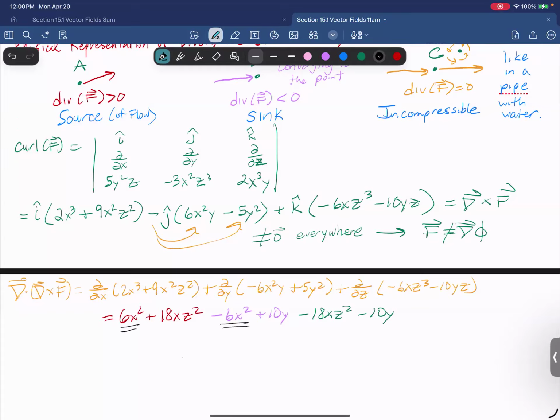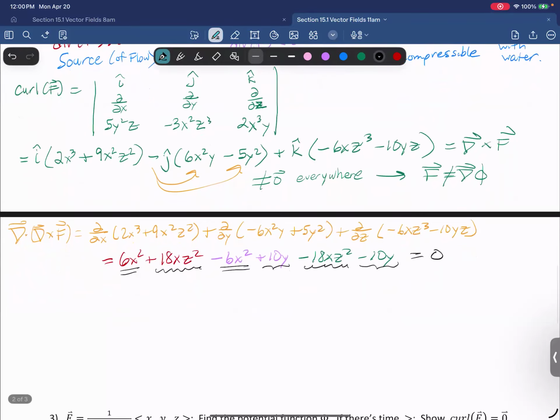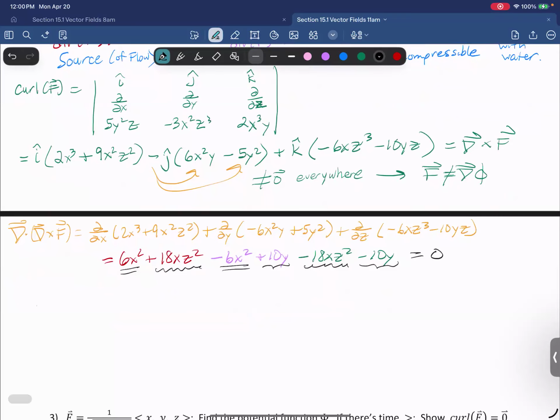That cancels that. This cancels this. And that cancels that. So that does equal 0. And the last thing, since f was not the gradient of some potential function, there's no phi to find, or no potential function to find.